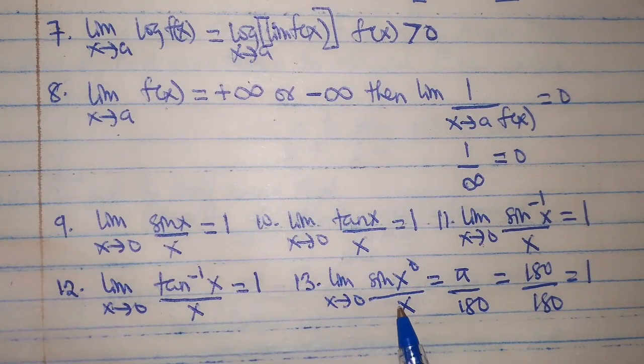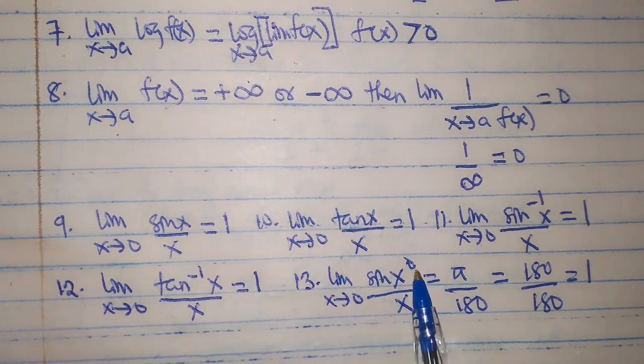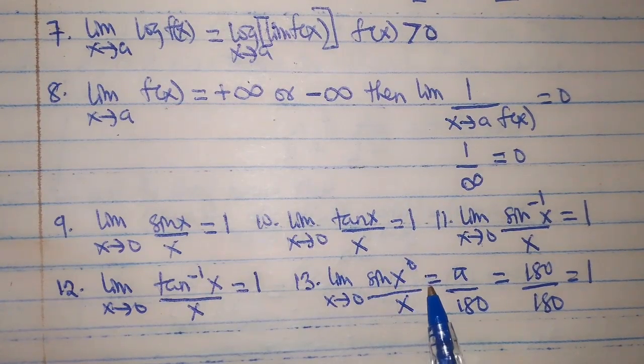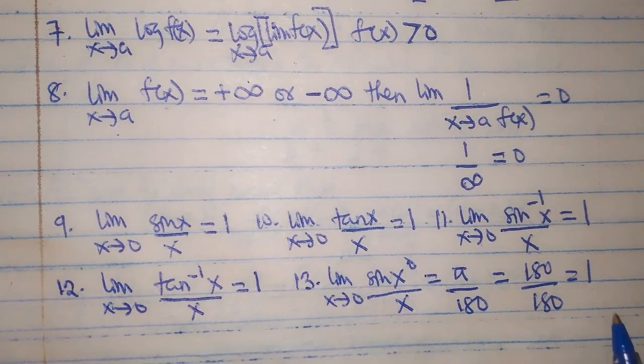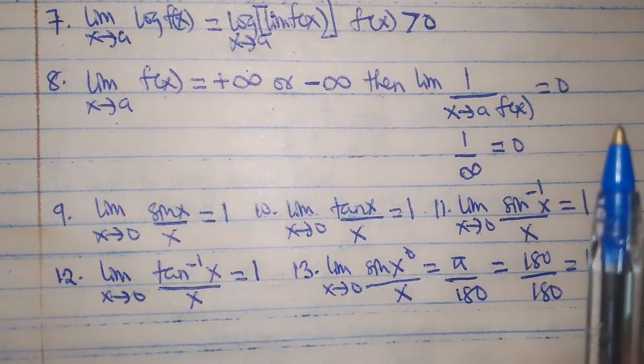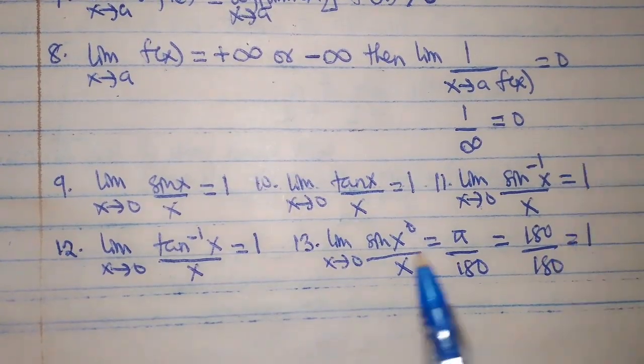But for this particular one, we are dealing specifically in radian measure, so we can't simply put 1 there. We have to put the radian measure, pi over 180. Okay.